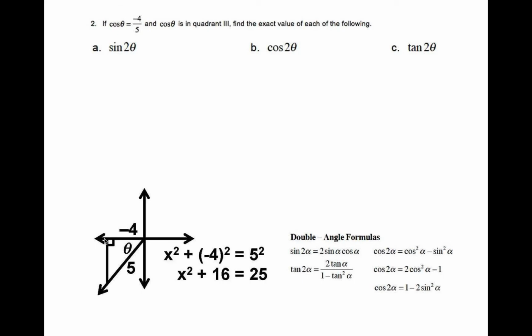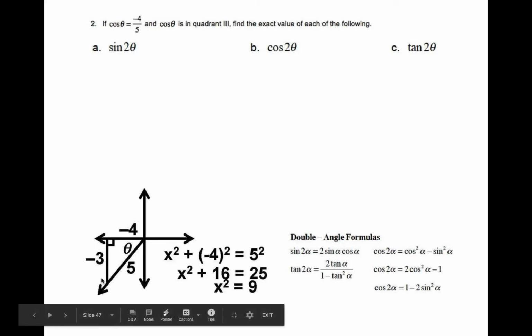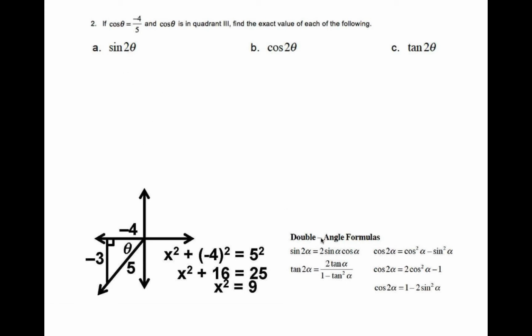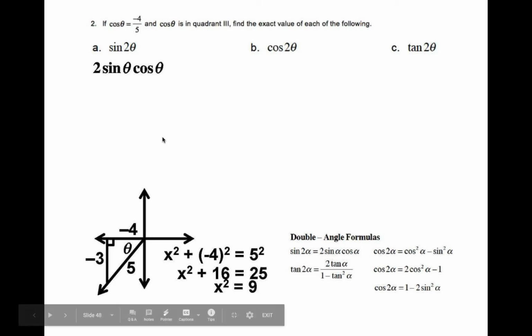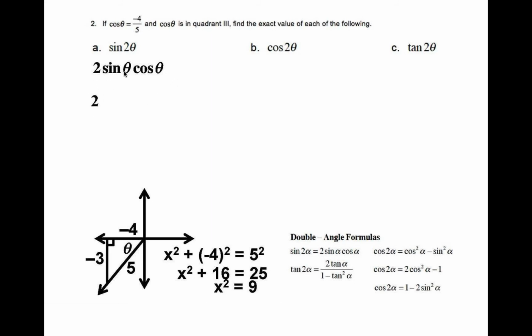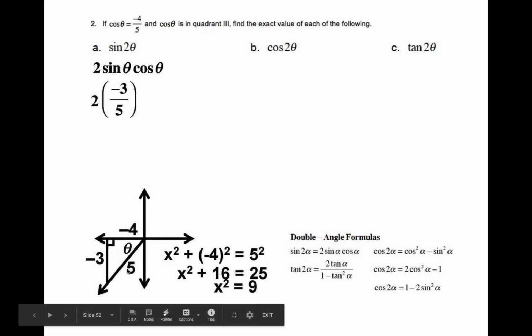Okay, doing the Pythagorean theorem, you should be getting that the missing leg is 3, but it's going down, so it's negative 3. So we're doing the double sine formula. So that's 2 sine of theta cosine theta. Just write the formula out. And then we substitute. It's 2 times, we have sine ratio. Sine is O over H, so that's negative 3 over 5.